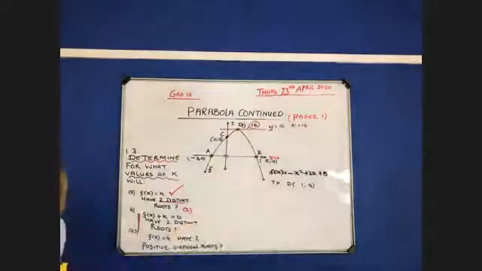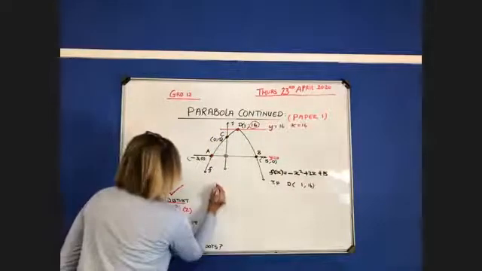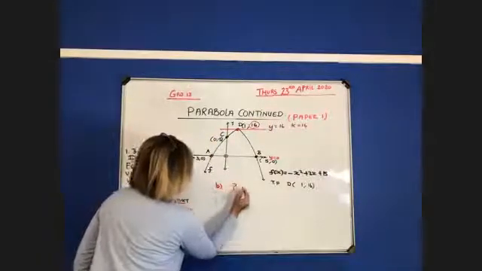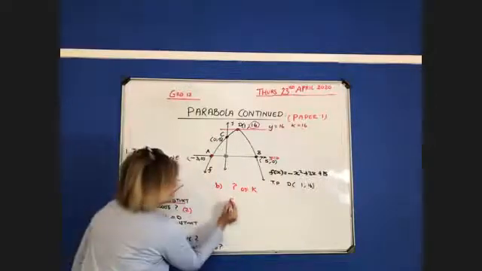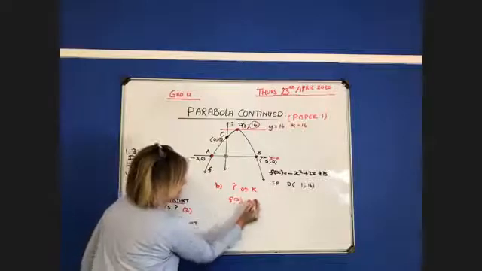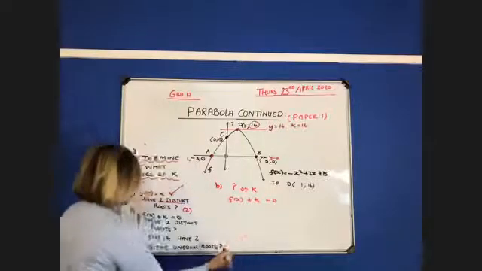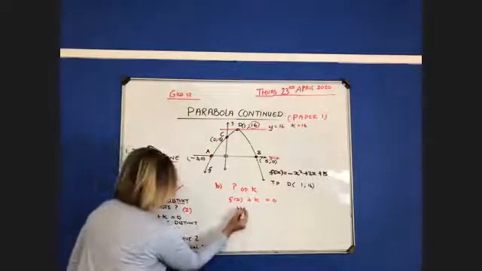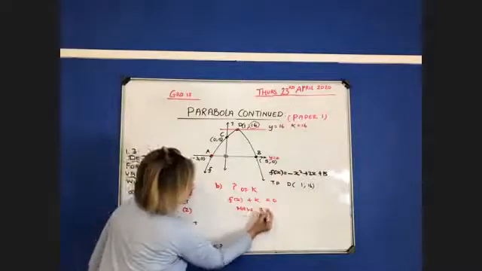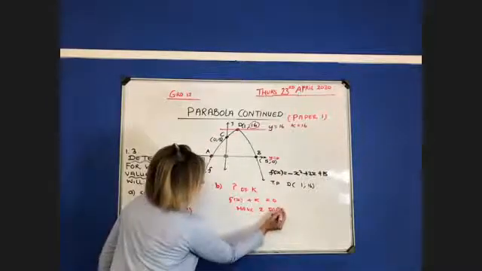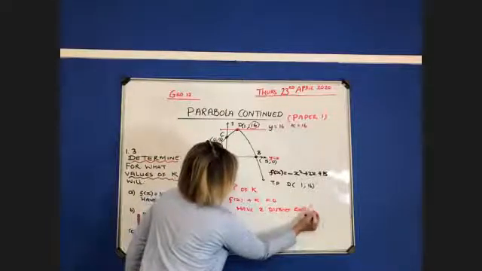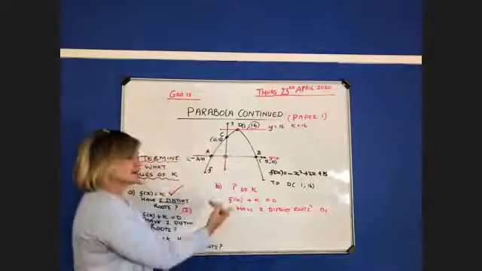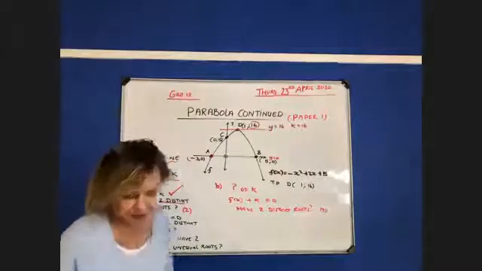Okay. So the second question, number B, said for what values of k will f of x plus k equals 0 have 2 distinct roots. Now this would also probably be about 2 marks, but we've done this one before on a different example.